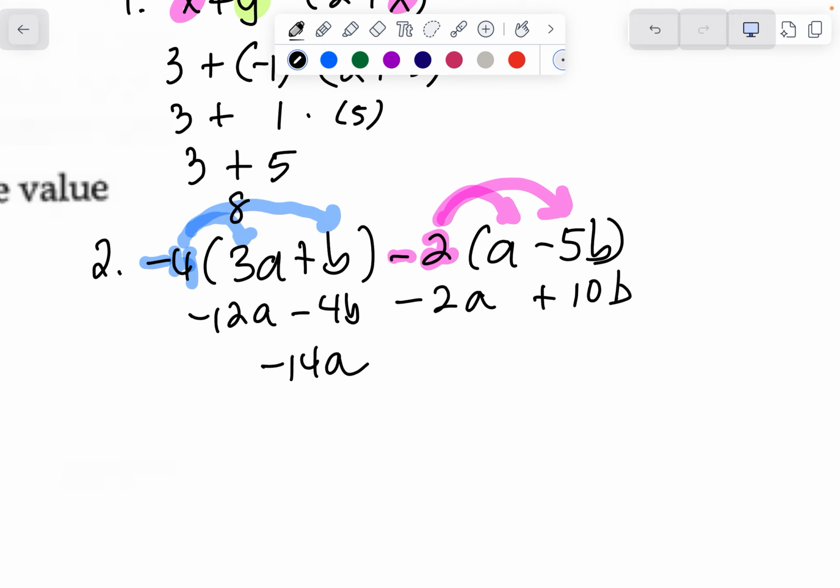The reason they add is if they're the same sign, you add them and keep the sign. If they're different signs, we subtract them and we keep the sign of the larger value. So if we look at this next step, see how they're different signs. So we're going to subtract them, get 6. But the 10 wins because it's bigger. And so it's positive 6b's.